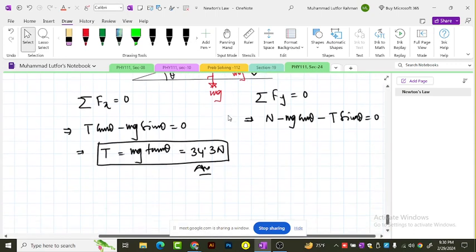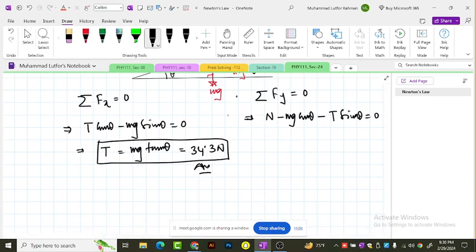So that's why these two quantities would be negative over here. Then you can find out this N should be mg cos theta plus T sin theta.